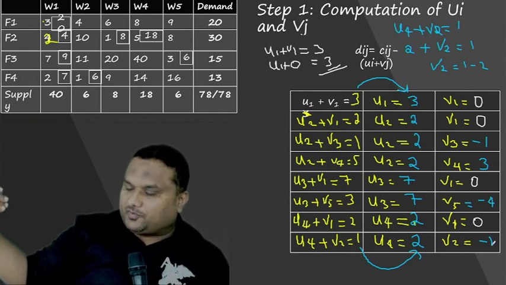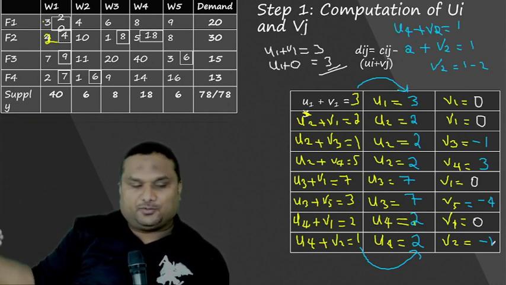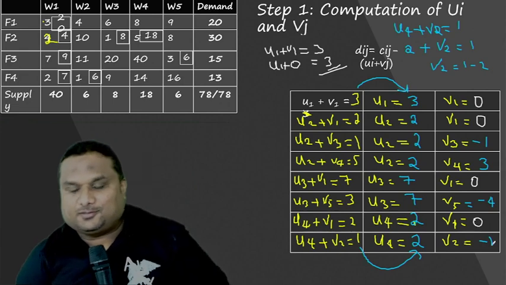If you are able to find out U1 and V1 values, 70% is done. Don't worry.